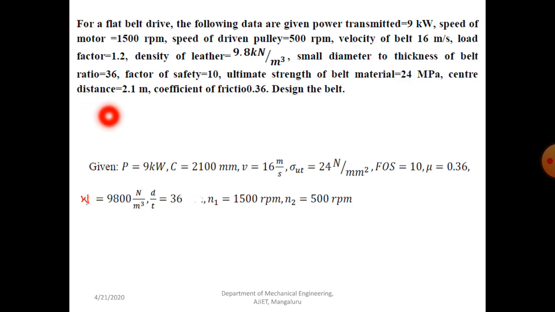So that is given here, center distance. We have to convert into millimeter by multiplying by 1000, so we will get 2100 millimeter. And the velocity of the belt is also given here, 16 meter per second.